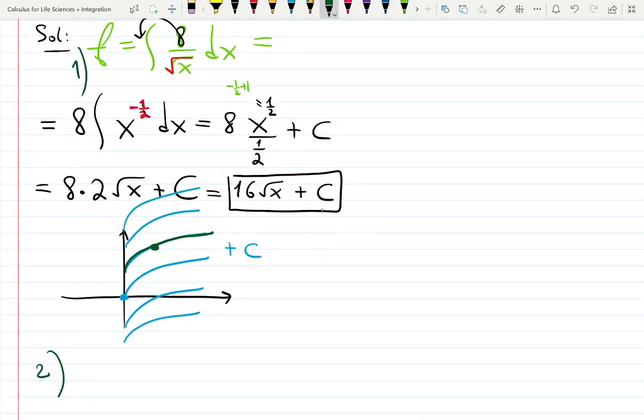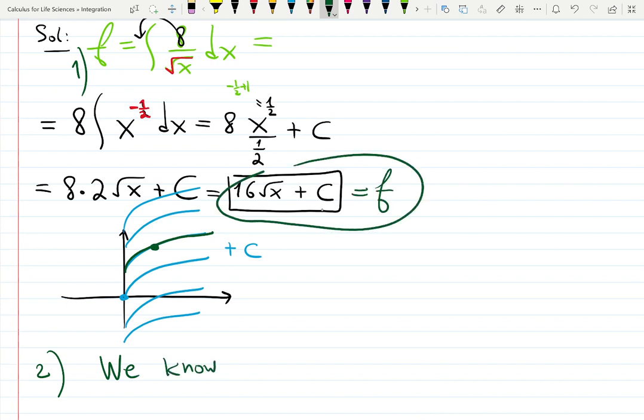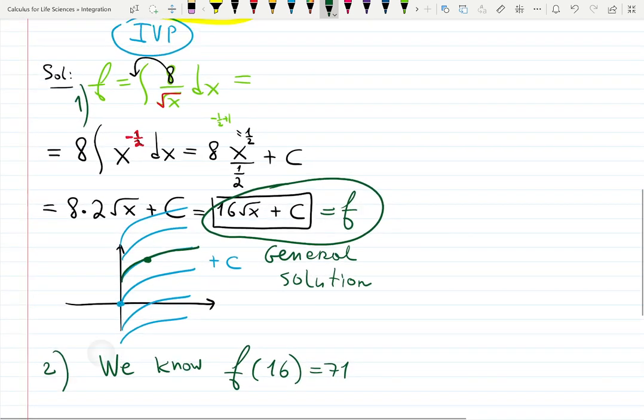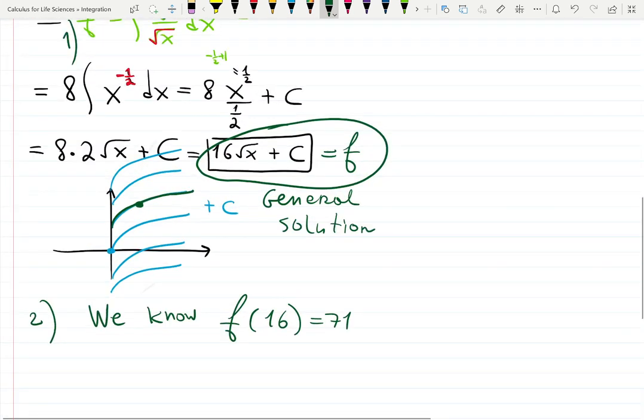Step 2, we know. So this was my f. I found f, but this is a general solution. This is also introduction to the differential equation class, by the way. We know that f at 16 is 71. And that will give us to fix the particular solution.